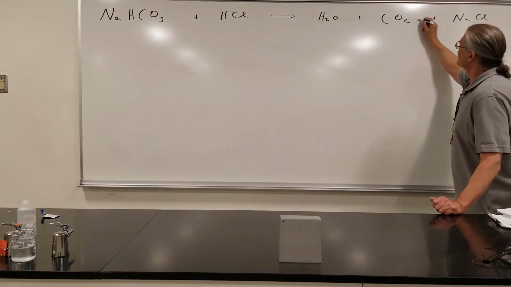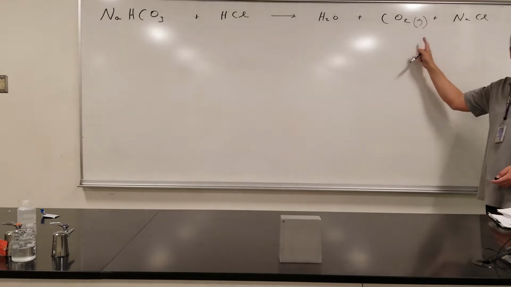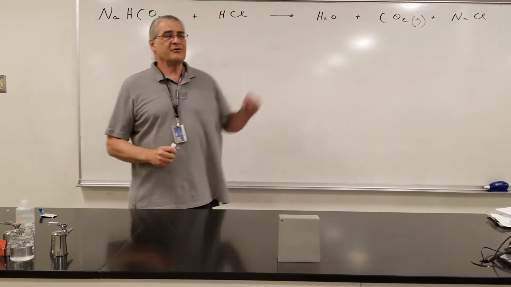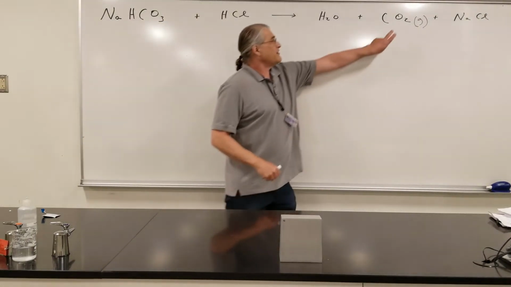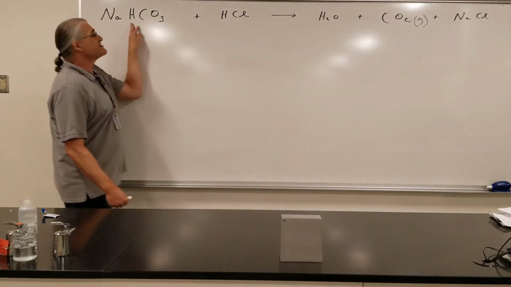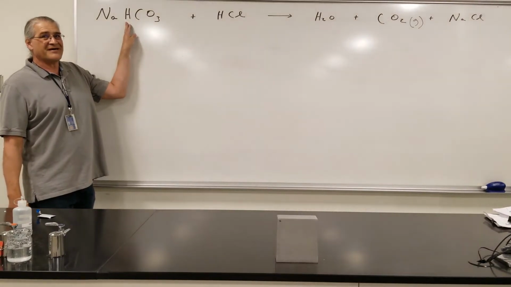That carbon dioxide is a gas. So we're going to collect the carbon dioxide gas and measure how much CO2 we get. Once we know how much carbon dioxide we got, we know how much sodium bicarbonate we started with.